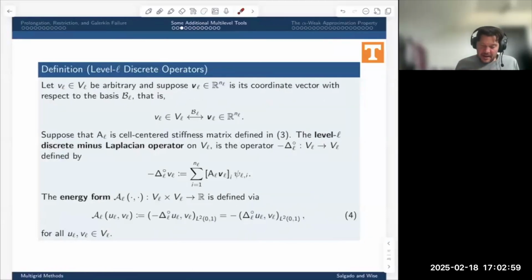So now we're going to define something called the discrete minus Laplacian operator. This one is a little bit weird, I confess. You probably asked what happened to our piecewise constant functions that we were dealing with way back at the beginning of chapter 7. They're coming back right now. Remember, V is our space of piecewise constant functions.